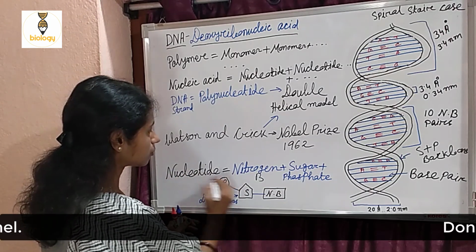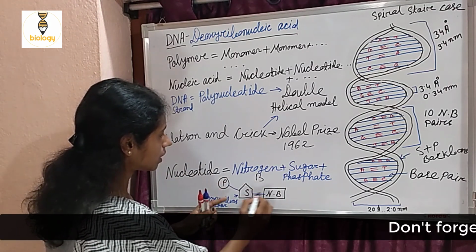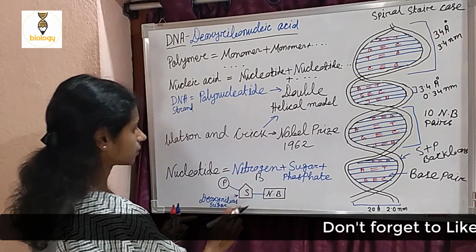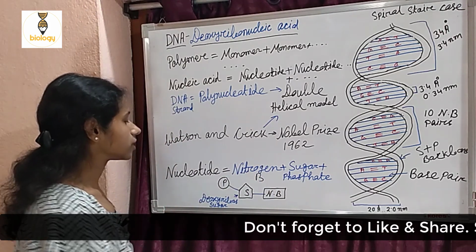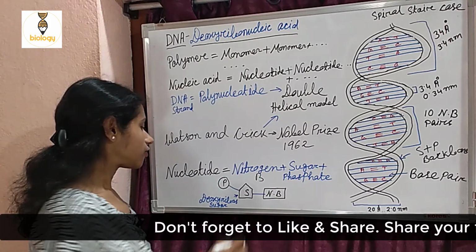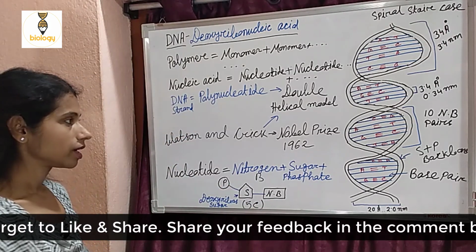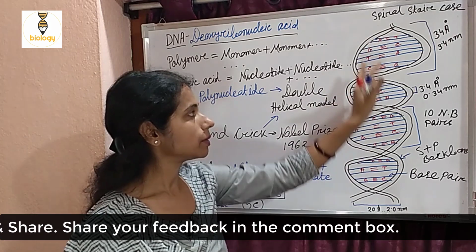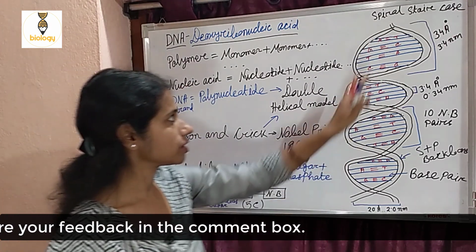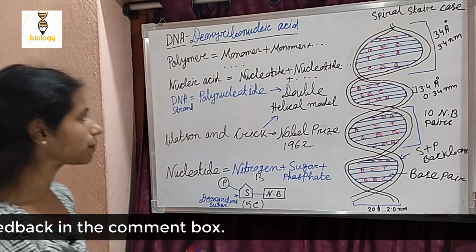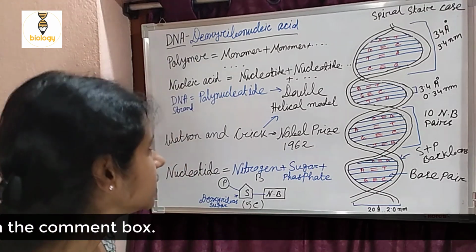Suppose this is the phosphate, this is the sugar and this is the nitrogen base. The sugar is deoxyribose sugar, a 5-carbon sugar. Now come to this double helical structure and how it is joined. Up to this, it is clear, I think.